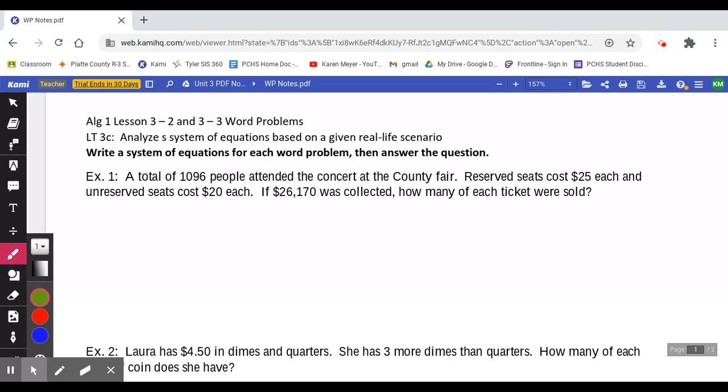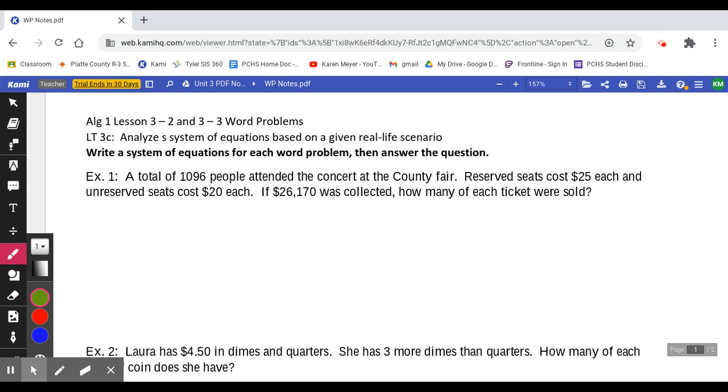There are reserved seats, which cost $25 each, and unreserved seats, which cost $20 each. If $26,170 was collected, how many of each ticket were sold?